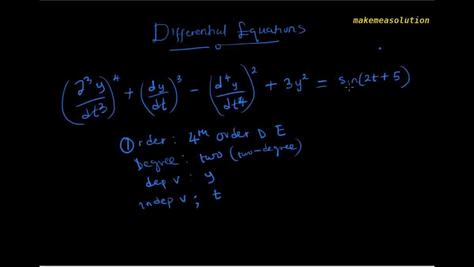So the value of this sinusoidal function depends on t itself. The derivative also is with respect to t in each case. So the independent variable is t. Then, is this ODE or PDE? ODE, yes. PDE, no. Okay, so this summarizes this particular one.